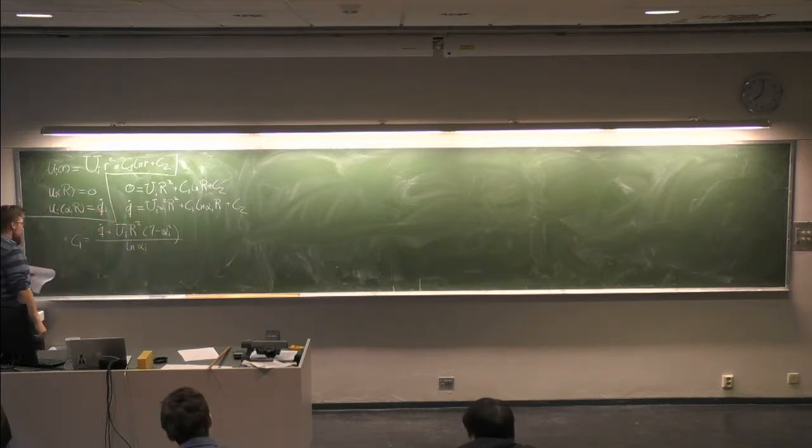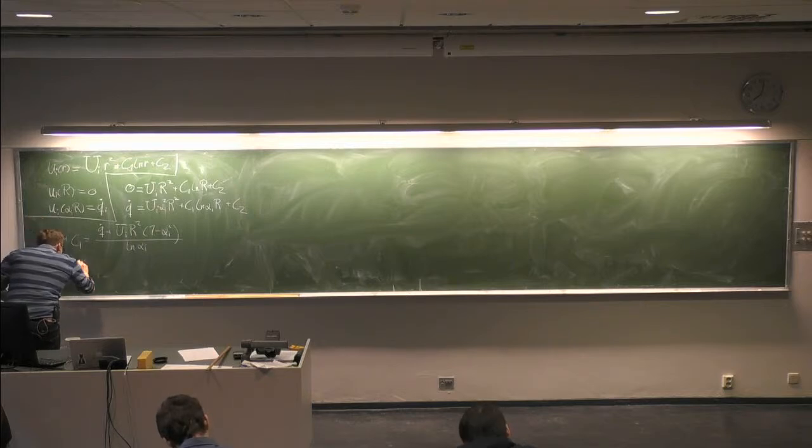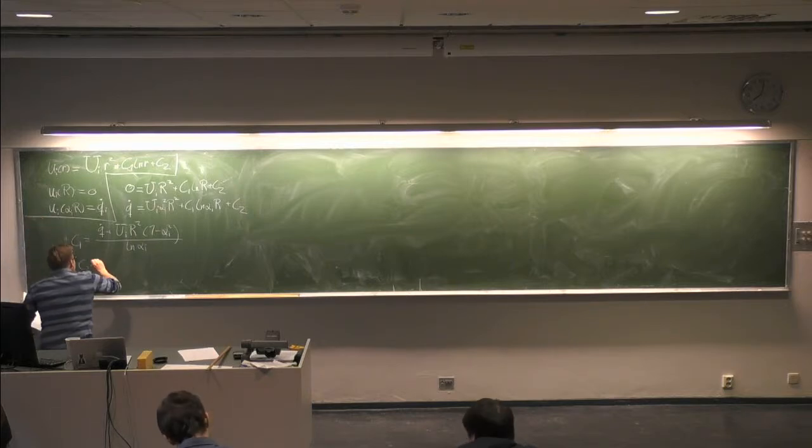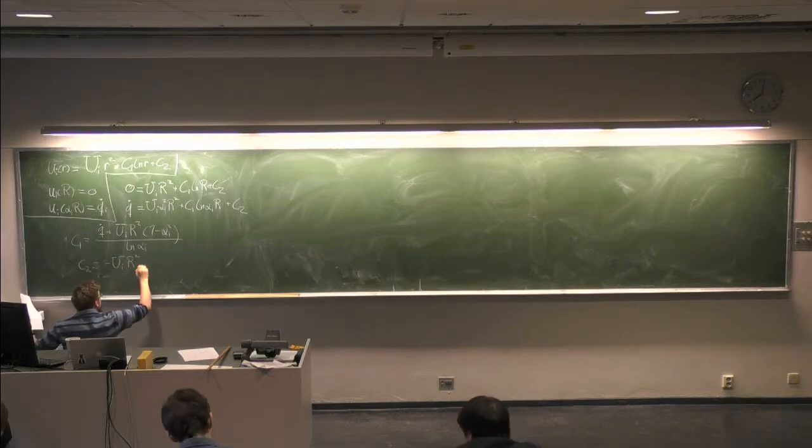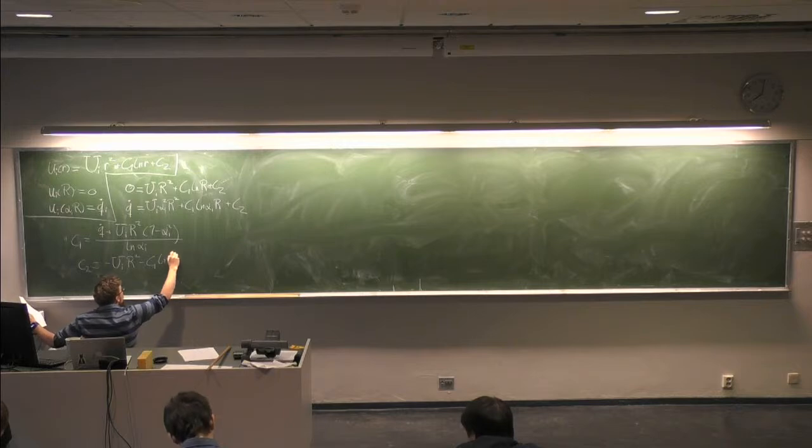Trust me, it's supposed to be this. C2 is easier. It's just minus U I R squared minus C1 logarithm of R.